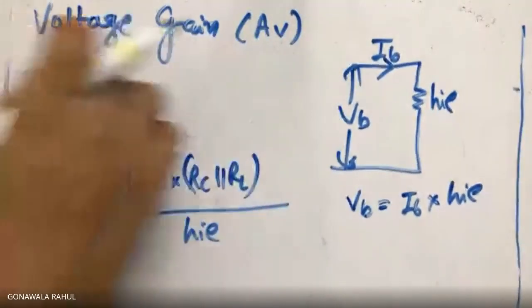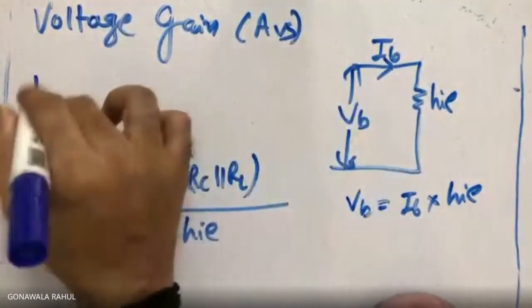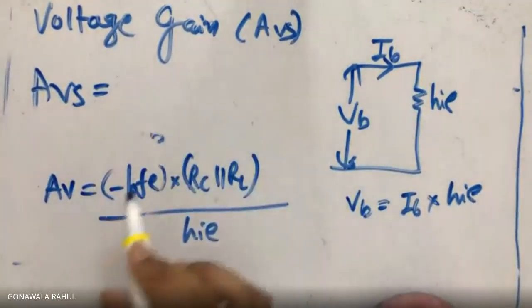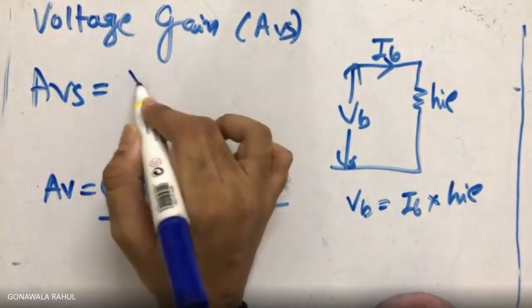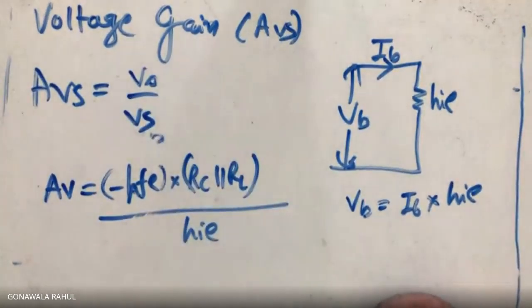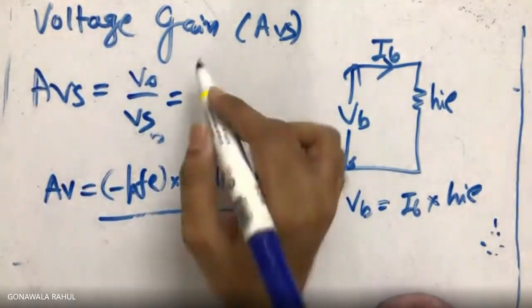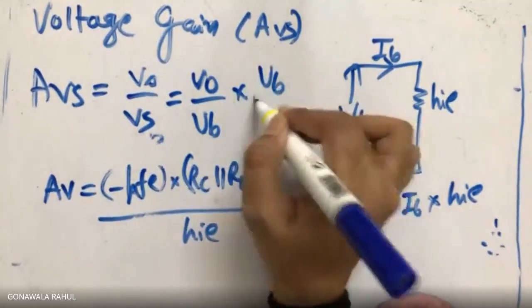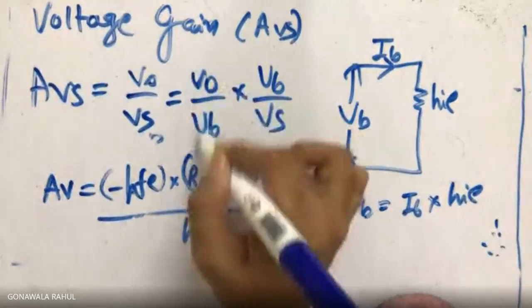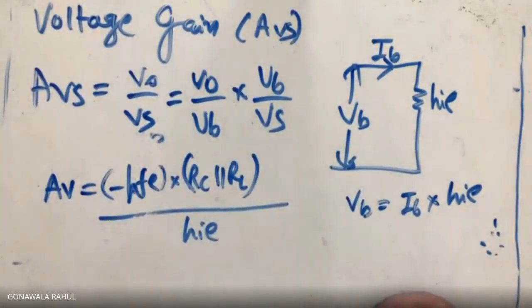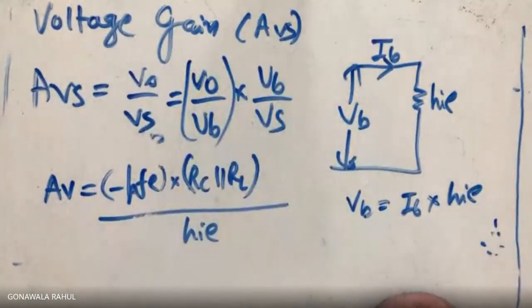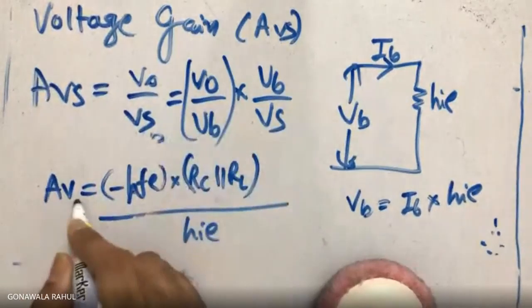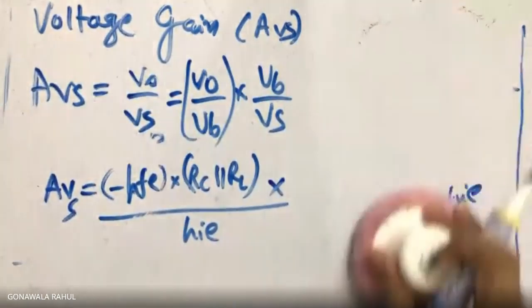So the voltage gain of the circuit, that is AVS, is basically V0 by Vs. I can split that into parts and denote it like V0 by Vb into Vb by Vs. As we know, V0 by Vb is nothing but AV, which we have already found out. So this will be multiplied by Vb by Vs.